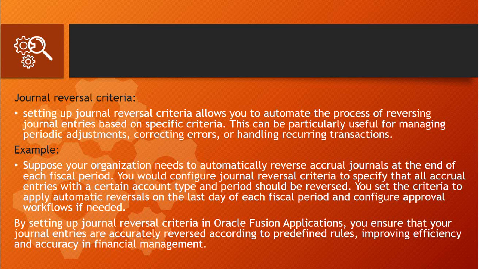You set the criteria to apply automatic reversal on the last day of each fiscal period and configure an approval workflow if needed. By setting up general reversal criteria in Oracle Fusion applications, you ensure that your journal entries are accurately reversed according to predefined rules, improving efficiency and accuracy in financial management.